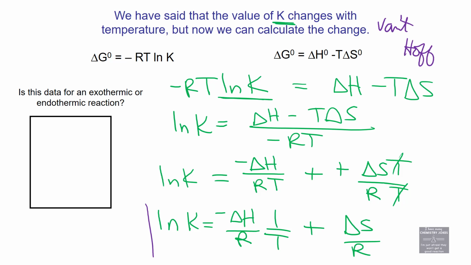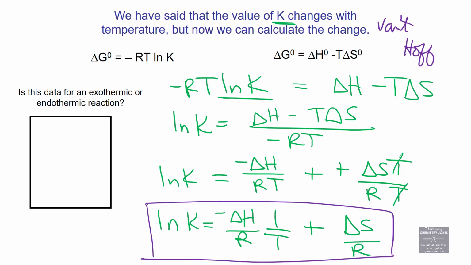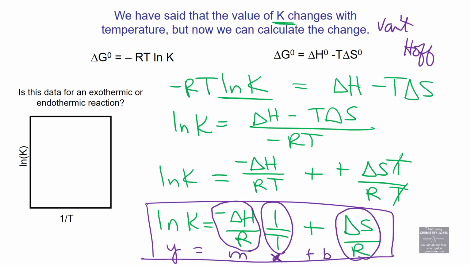The reason I wrote it this way is because if I plot ln of K on the y-axis and 1 over T on the x-axis, I get a line that has a slope of negative delta H over R and a y-intercept of delta S over R.